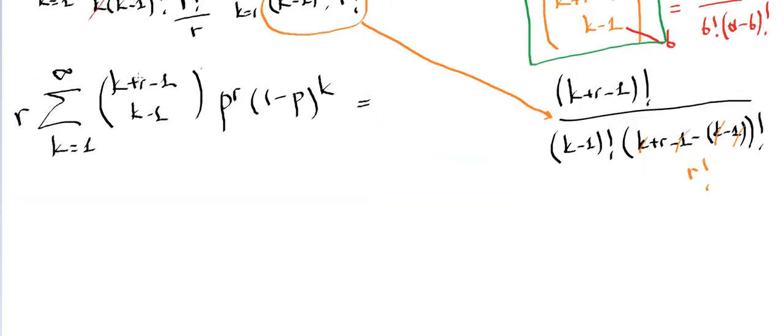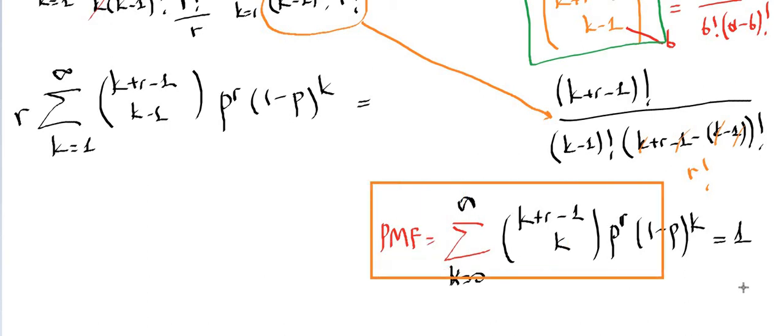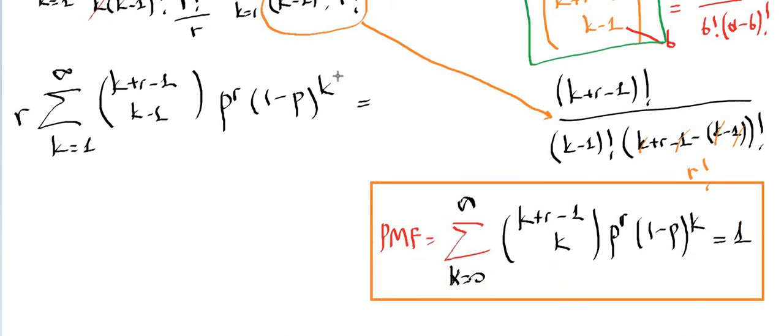Now we're going to make this expression look like our probability mass function, because we know that the probability mass function, summing x from 0 to infinity, k plus r minus 1 choose k, here our counter is k, p to the r, 1 minus p to the k, is equal to 1, because this is the density function from 0 to infinity. All possible outcomes are summing. So we know that this expression is equal to 1.